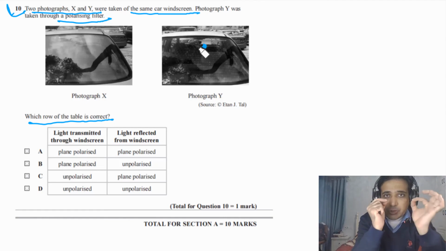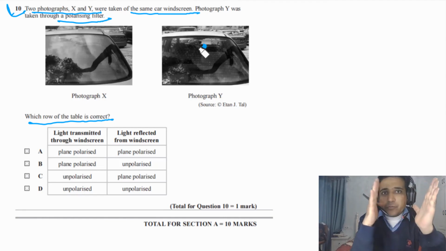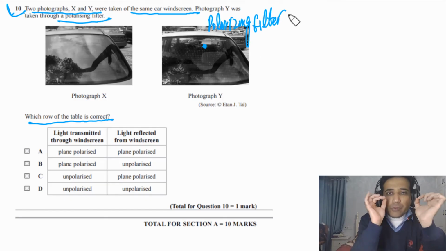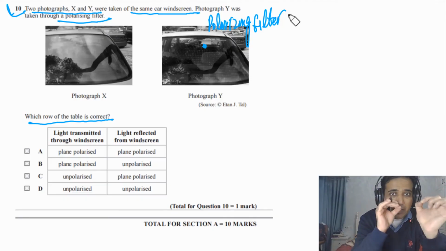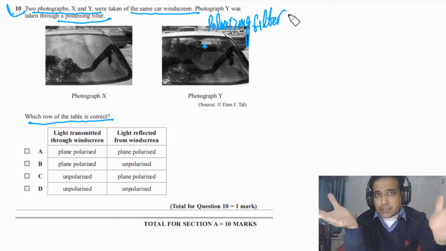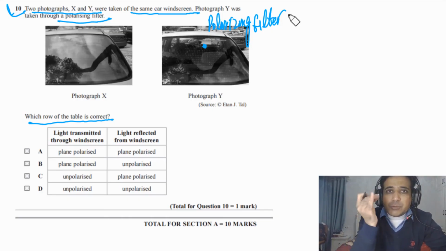There is a change in medium, so some of the light will be reflected and some of the light will be transmitted, meaning refracted. Here we are using a polarizing filter. We also need to understand what will happen to the transmitted light and what will happen to the reflected light.